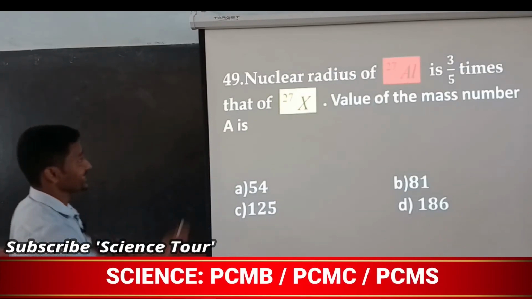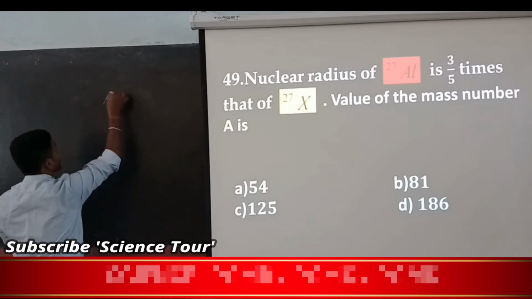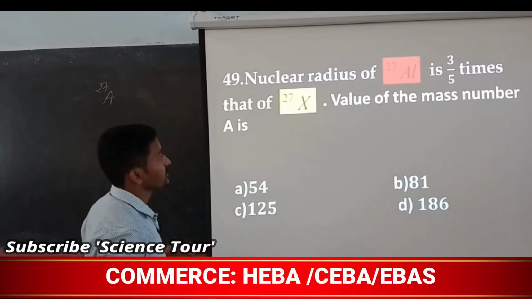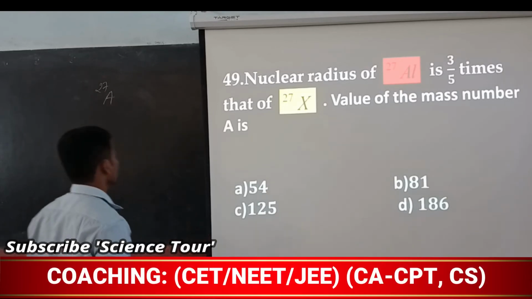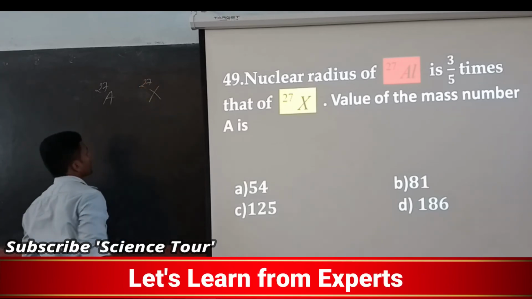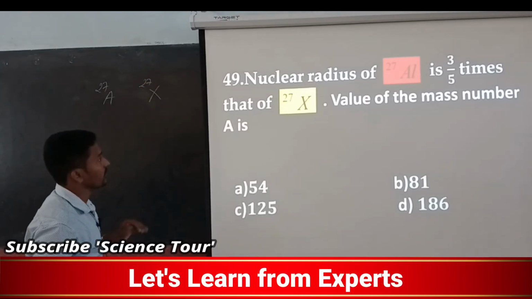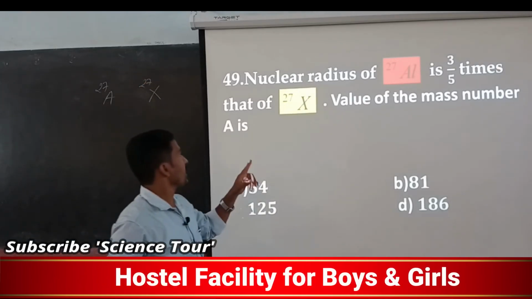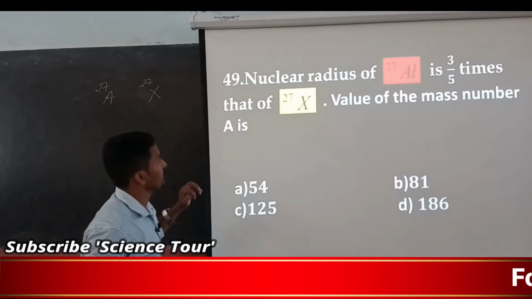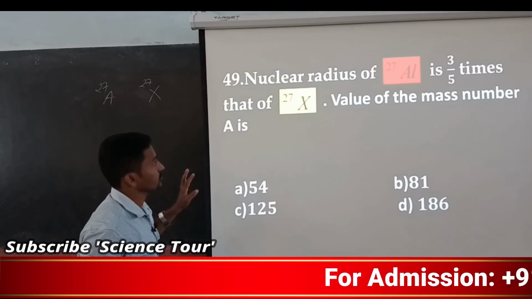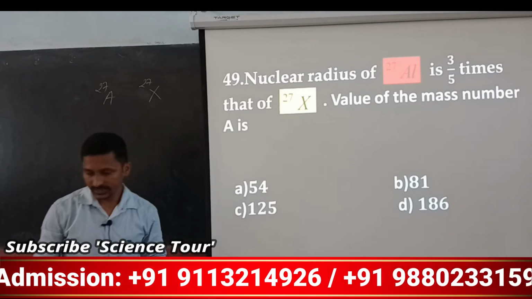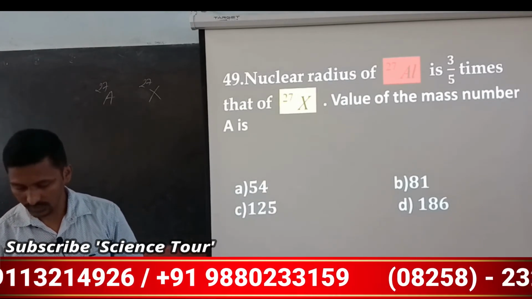Okay. Now move to the next question, that is nuclear radius. It is given aluminium 27. The nuclear radius of aluminium is 3/5 times that of some nuclei, that is X. This type of question we have already done. The value of mass number A is asked. Some ambiguity is there in the question. It is not both 27; let me check once.